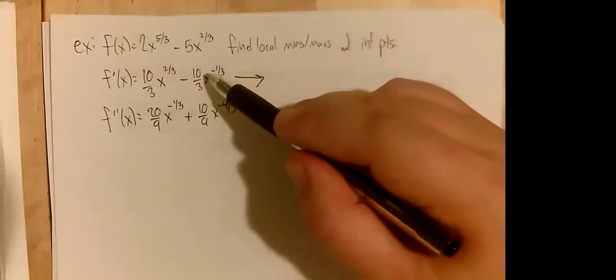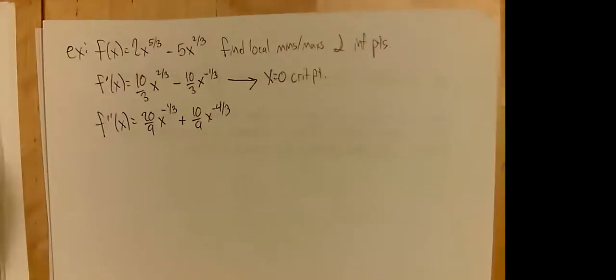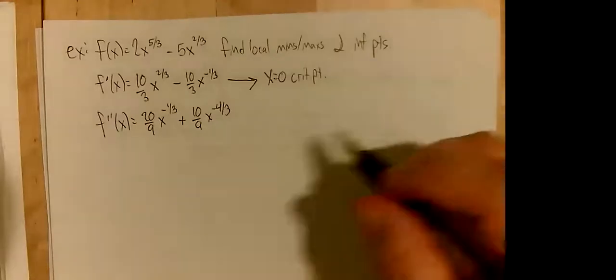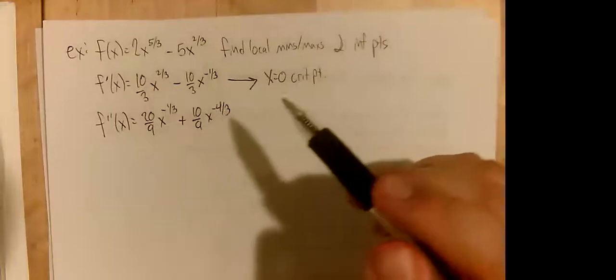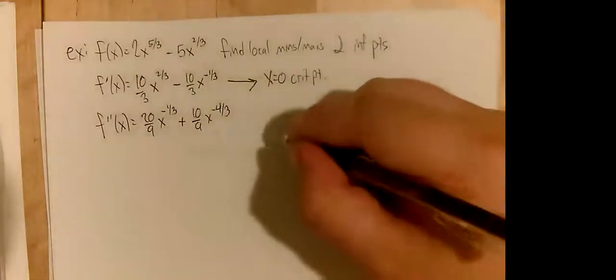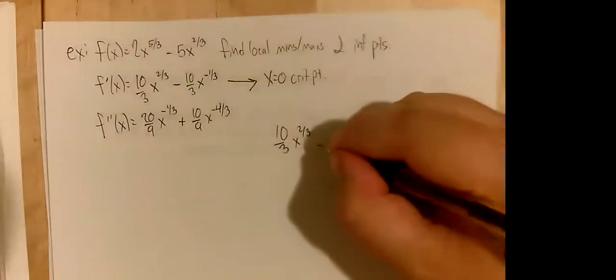So if this is 0, we'd be dividing by 0. That immediately tells us that x equals 0 is a critical point. Don't forget to look out for the ones that will make f prime undefined. I think that's the only one, though, because there's nothing that can make this part divide by 0. So let's set it equal to 0 and see if we can find any of those types of critical points.